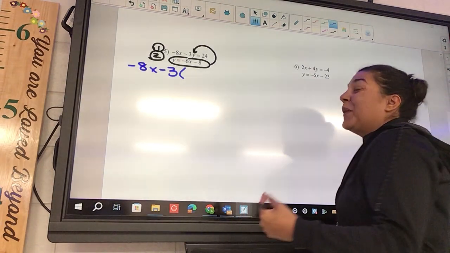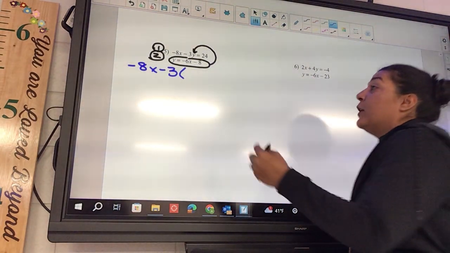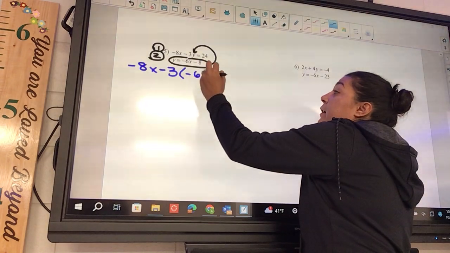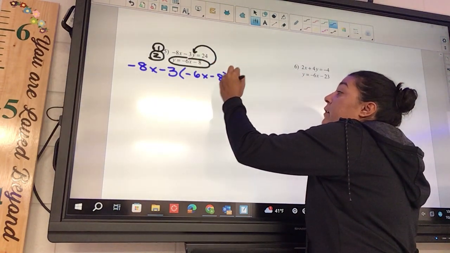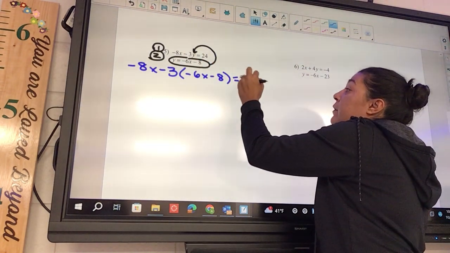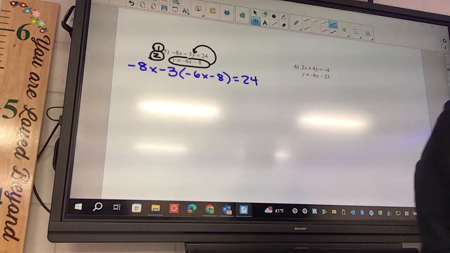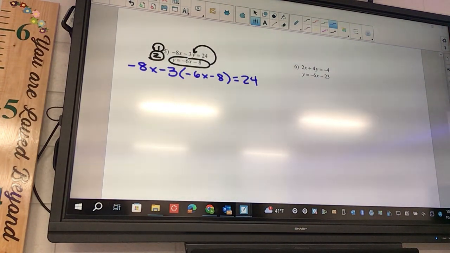Before we just had a single number, and now we got an equation within an equation. So we're substituting the y for this. Nothing's changed, it just looks longer. You're still plugging it in the way it was before.